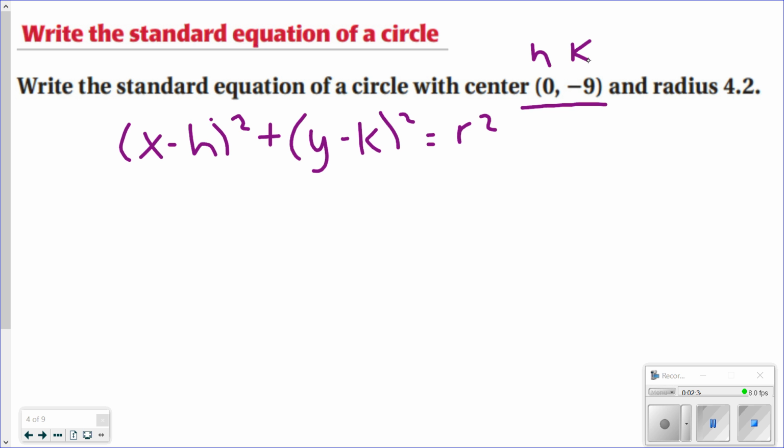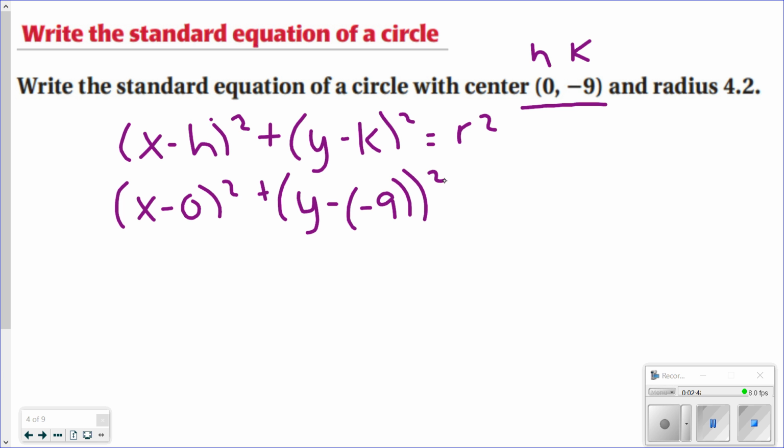So when I plug this into my equation, I have (x minus 0) squared plus (y minus, and k here is a negative 9, so I have to write in a negative 9) squared is equal to, now let's look at the radius. We know that the radius is 4.2, so 4.2, and we need to square that.